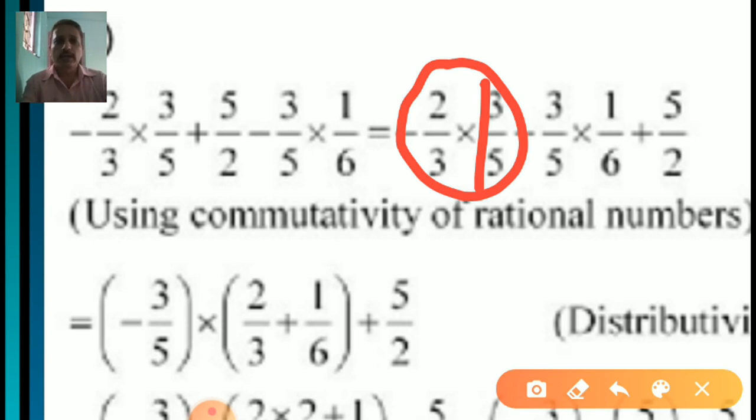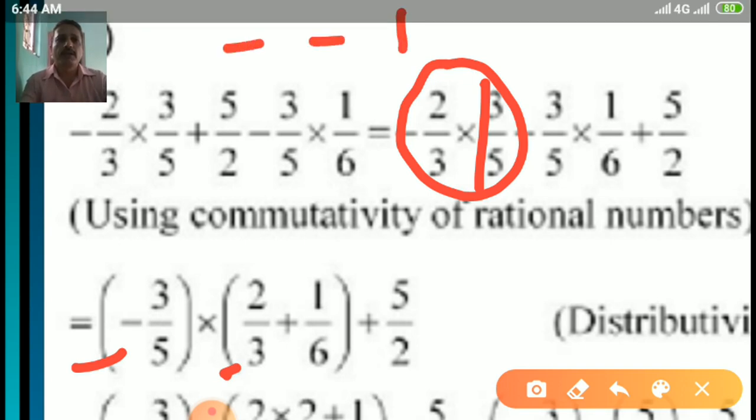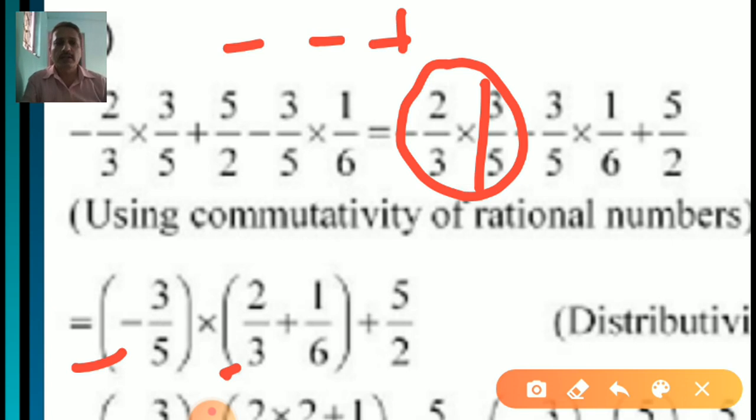So I wrote the first term minus 3 upon 5 and then multiplied in another bracket, the first number is 2 upon 3. This is minus, and we know minus into minus becomes a plus.